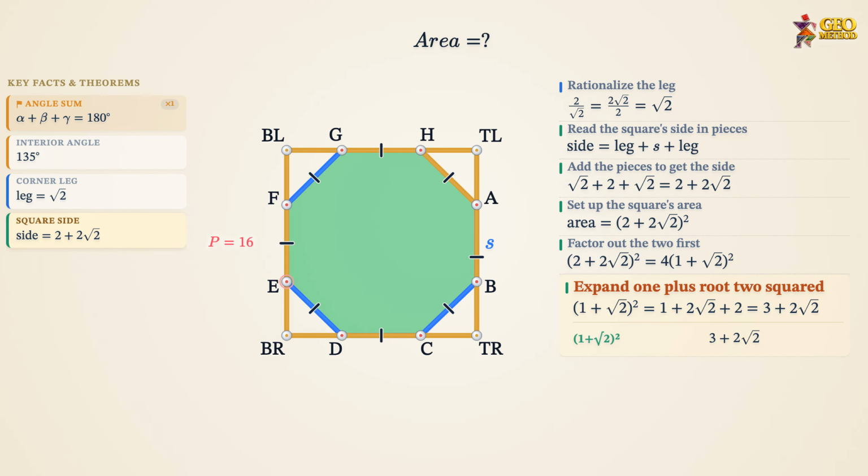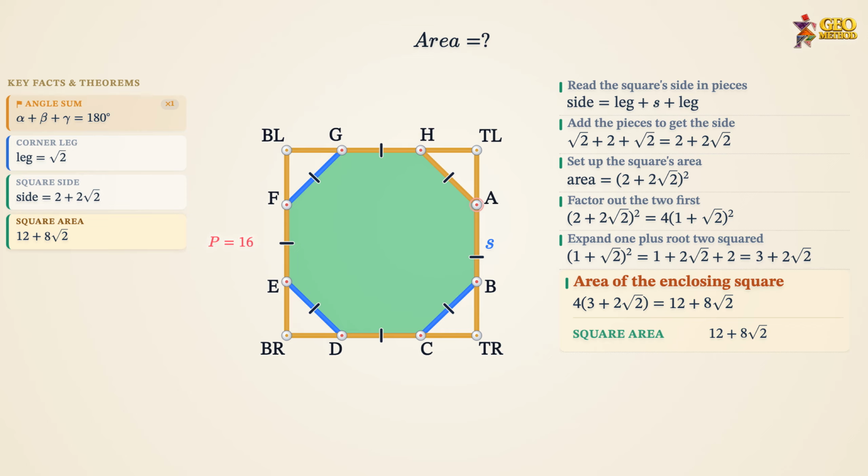Expand 1 plus root 2 squared: 1 plus 2 root 2 plus root 2 squared, and root 2 squared is 2. That sums to 3 plus 2 root 2. Multiply by the 4. 4 times 3 plus 2 root 2 is 12 plus 8 root 2. That is the area of the whole gold square.